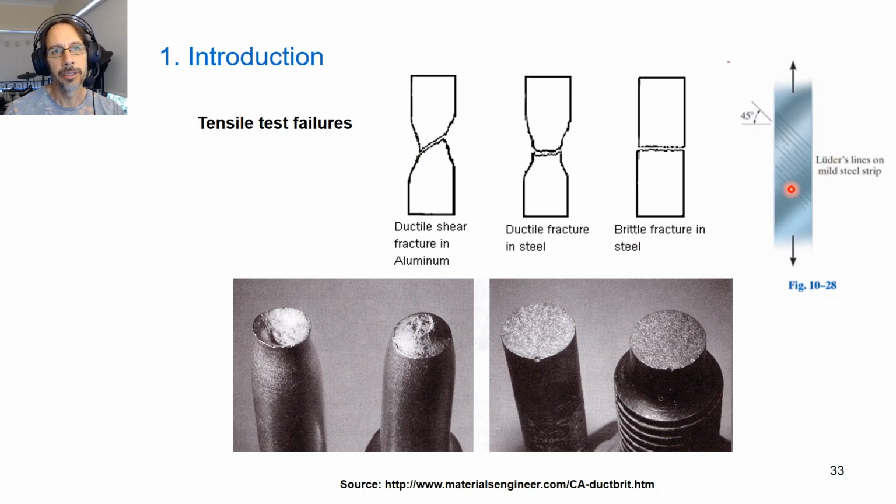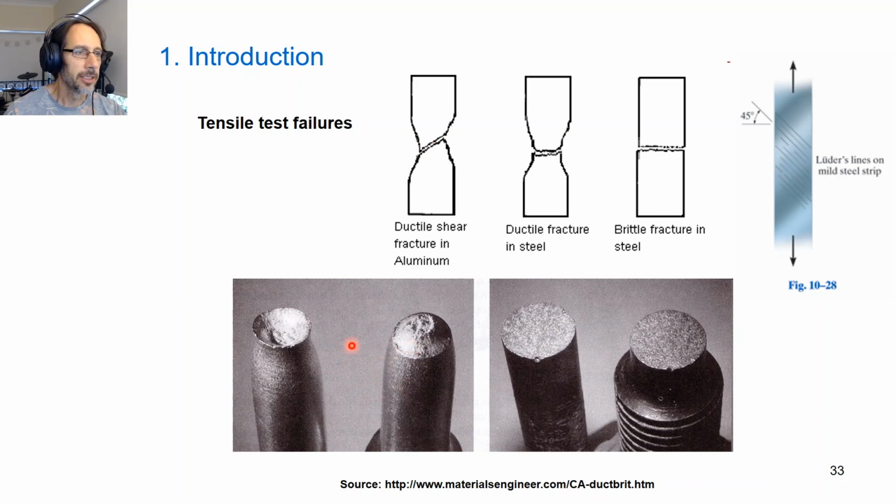Okay, so we've got over here a picture showing a mild steel strip, which tends to be ductile, loaded in tension, and we see these what we call Luder's lines or slip lines at 45 degrees. And you may recall from Mohr's circle, and again we'll look at this again in a second, why these slip lines which are at 45 degrees are along the lines of maximum shear.